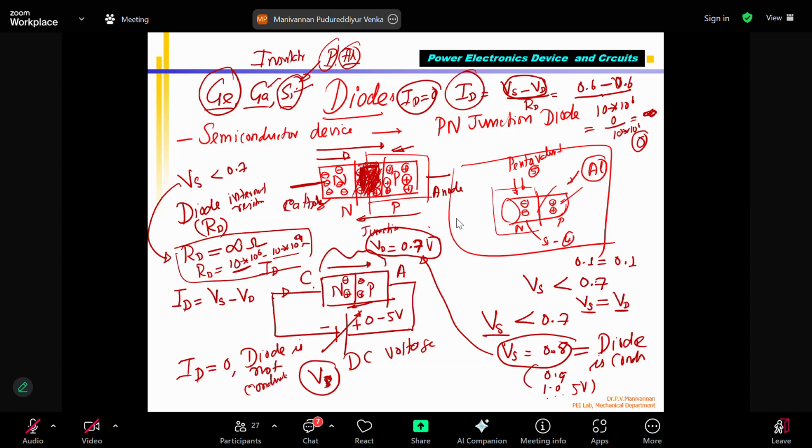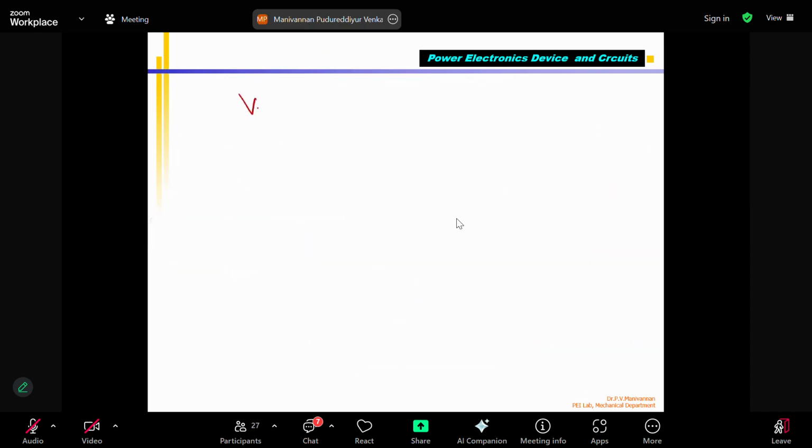Now, if my Vs is, say for example, 0.8 volts, and we know that the voltage across the diode is greater than 0.7, correct? Automatically the diode will conduct.